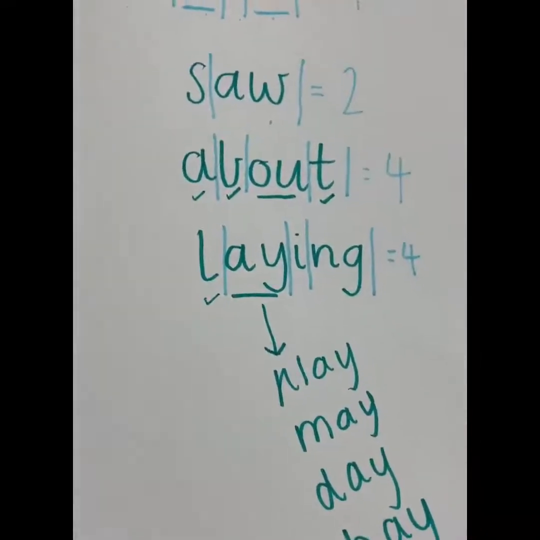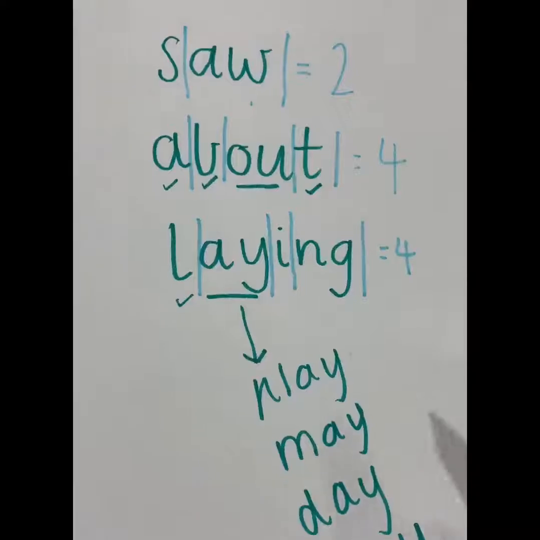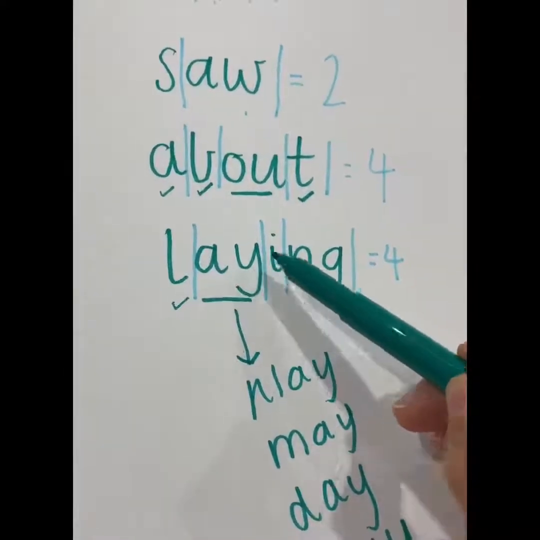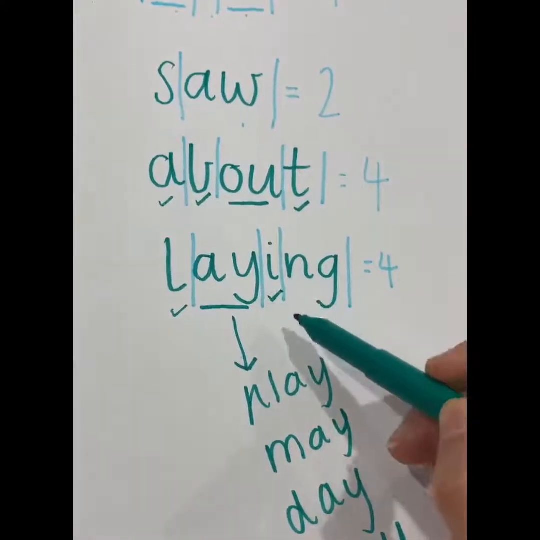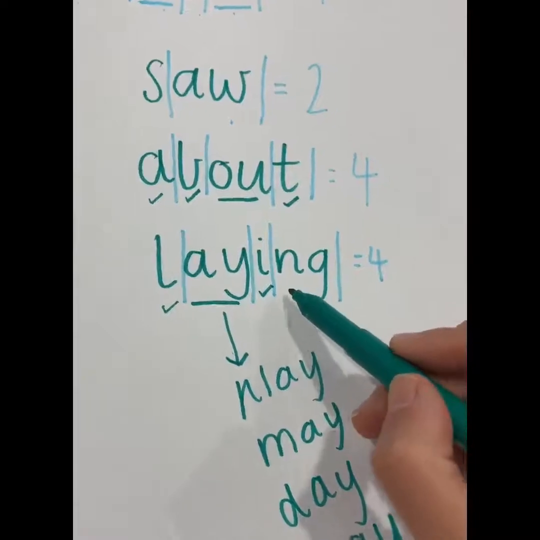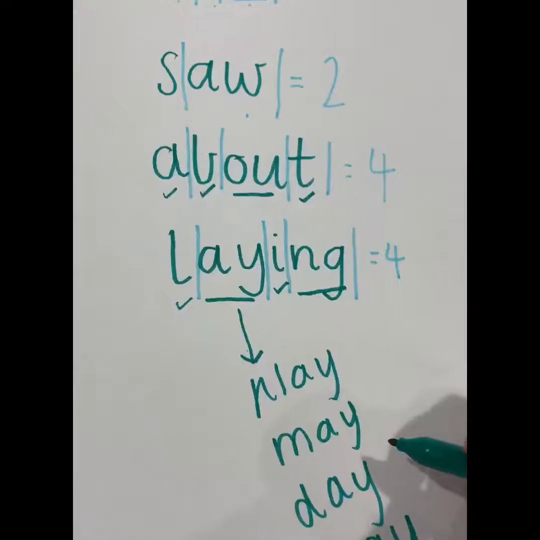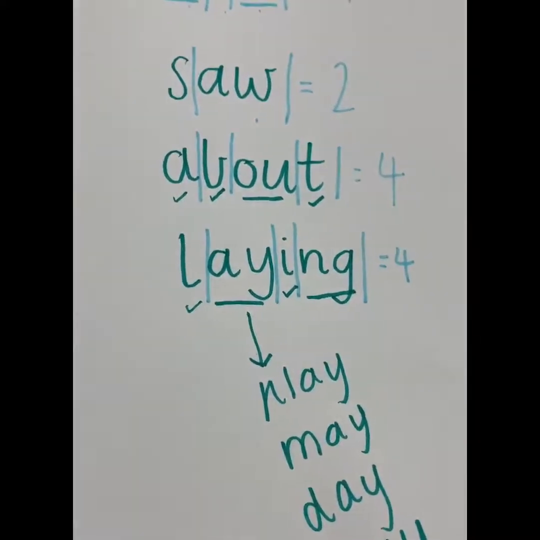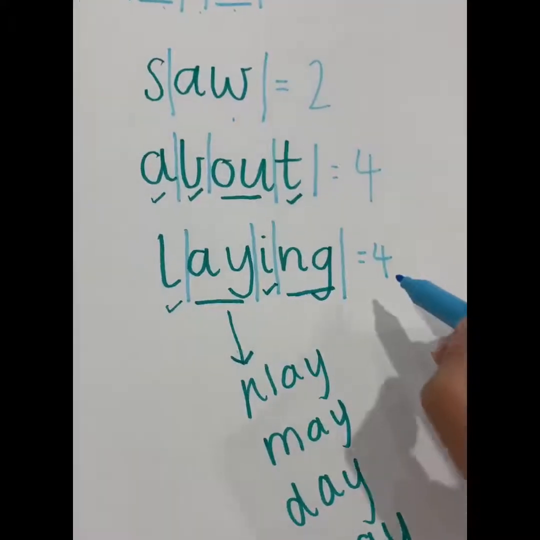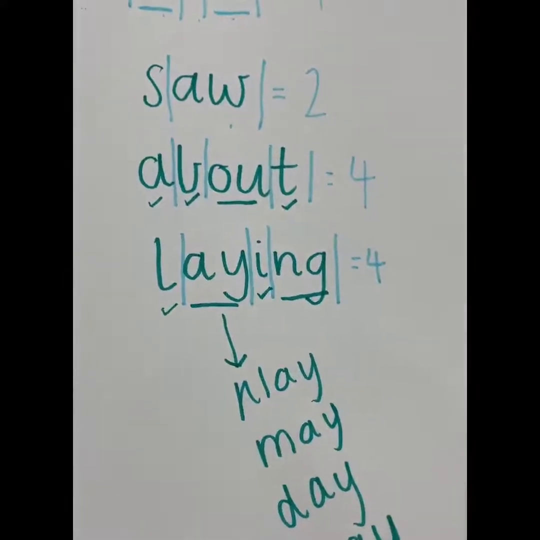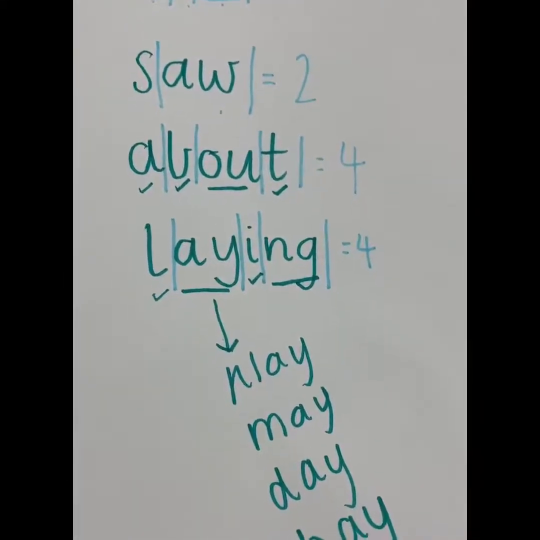Okay, you'll see the ay digraph quite a bit. So that is making an a sound. We've got the i, which is making an i sound. Ng, they're working together to make that sound at the end of laying. So there we go. Laying has got 4 separate sounds. Back to you, Miss Branch.